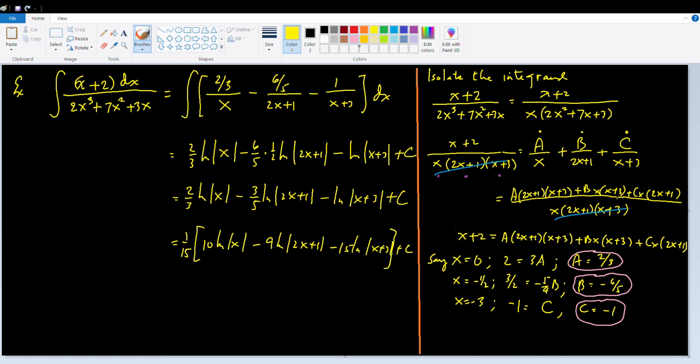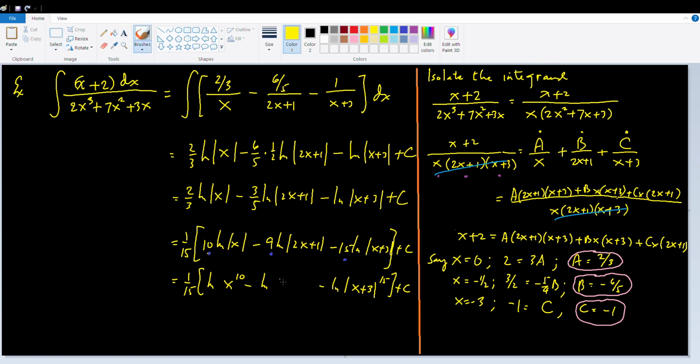And all these coefficients, 10, 9, and 15, will become the exponents of the functions. So 1 over 15 ln of x raised to 10 minus ln of 2x plus 1 raised to the power of 9 minus ln of the absolute value of x plus 3 raised to the power of 15 plus c. Let us do that also for 2x plus 1 to the 9.